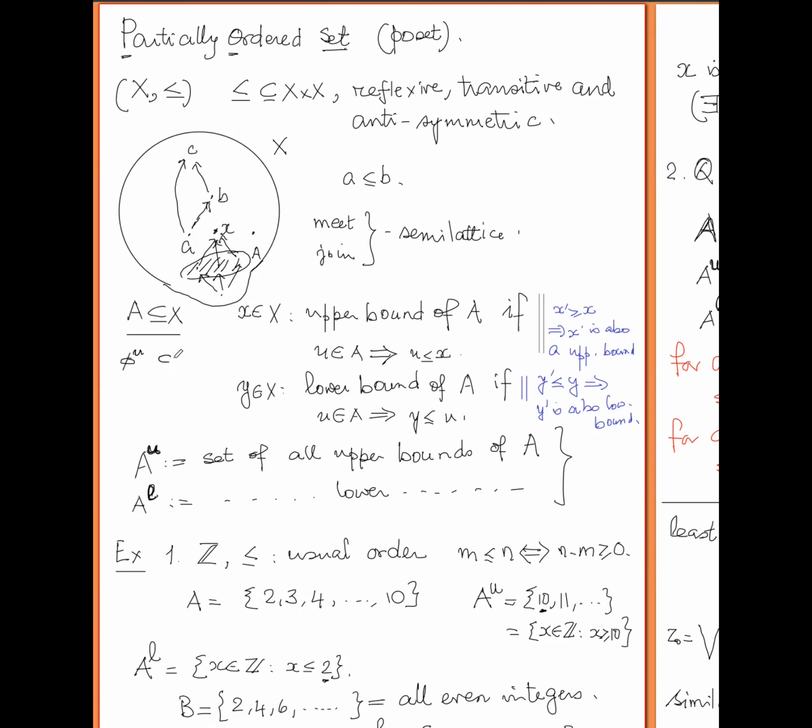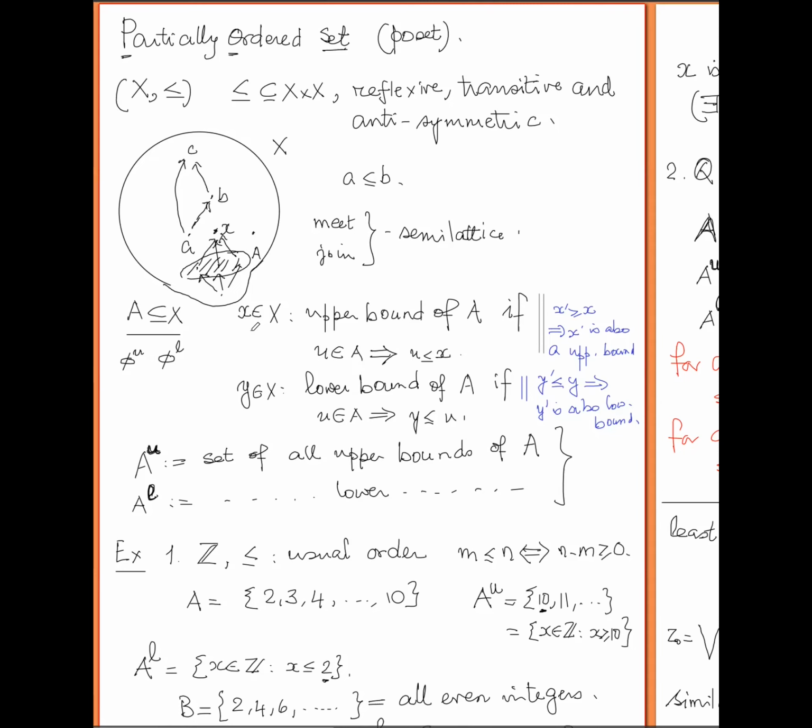And what is this? Anyone? Just blindly use this formula. What does it give? The empty set? Yes, U belongs to the empty set.